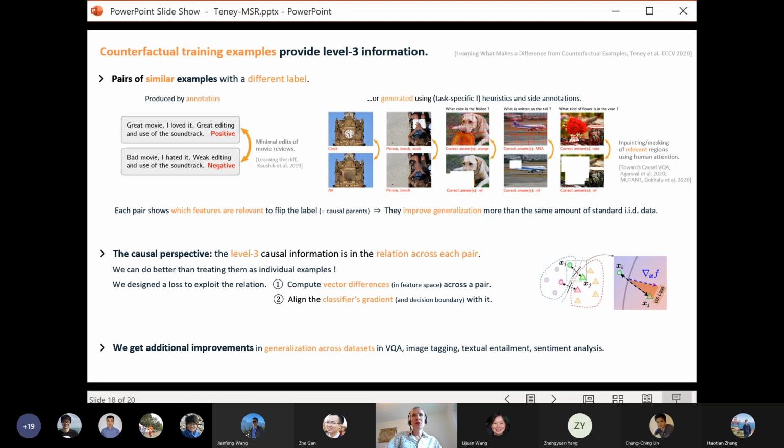And so we got improvements in VQA, but also on NLP and other vision tasks. And what's really interesting here is that we were using information that was in the dataset and that was just not being used before because there was no training mechanism to really make use of this information that was there and was just discarded before.